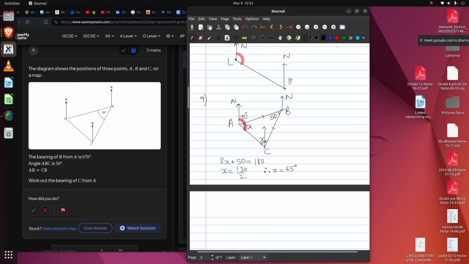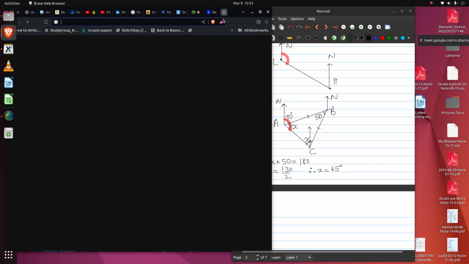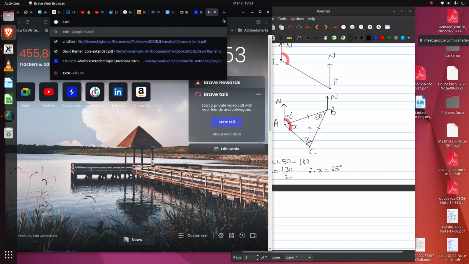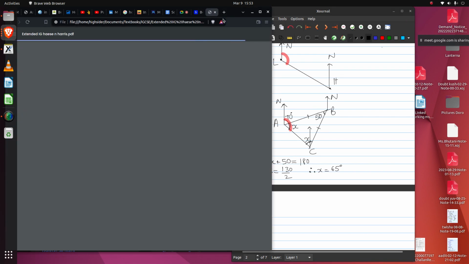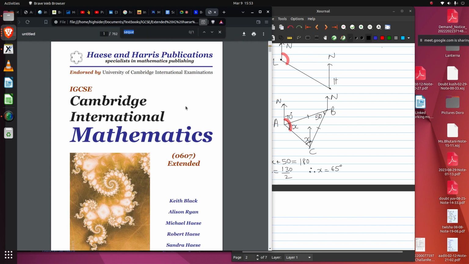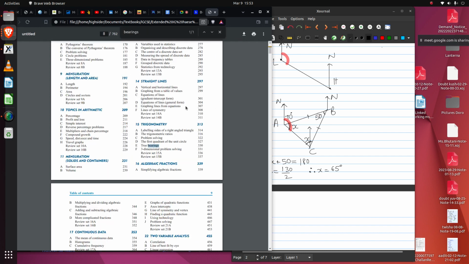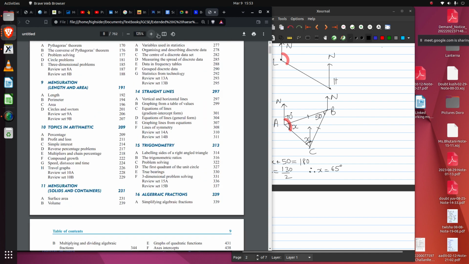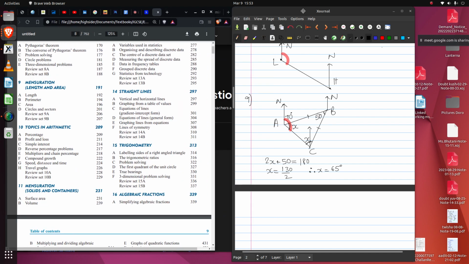Okay. So you found the angle x. Now can we work out the bearing? Now tell me the bearing. What is it?